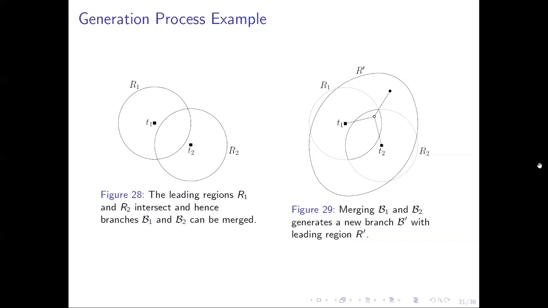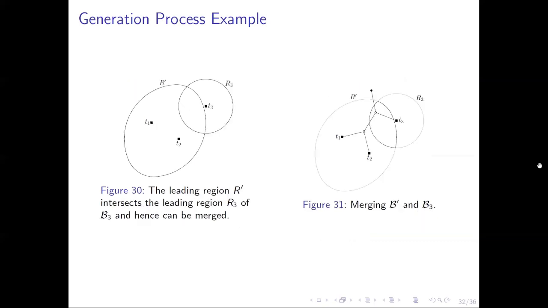Then the next vertex must lie within a distance of the upper bound from that region, so we can expand this region to R prime. That will show where we can't merge for the next step. And we'll do this once more.